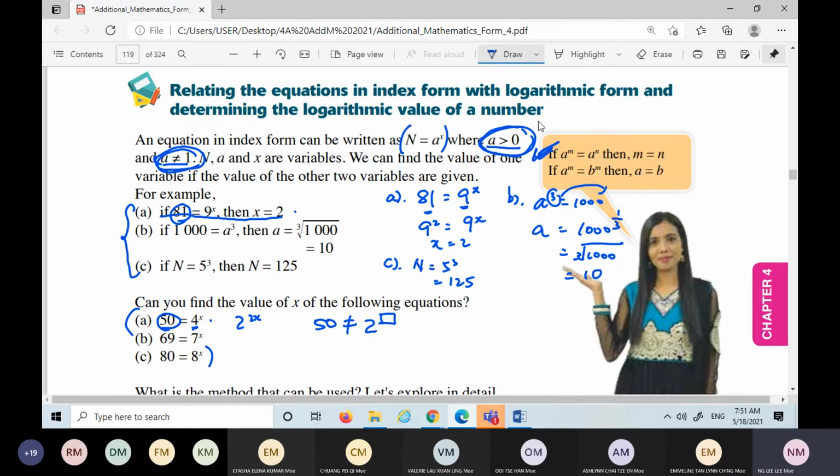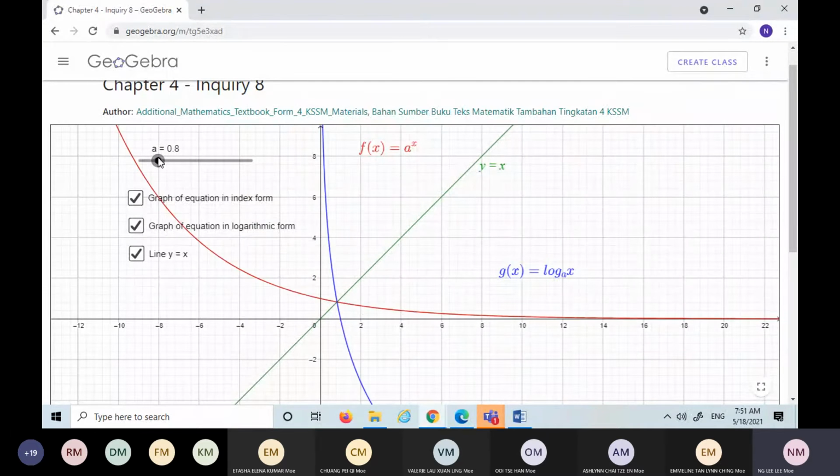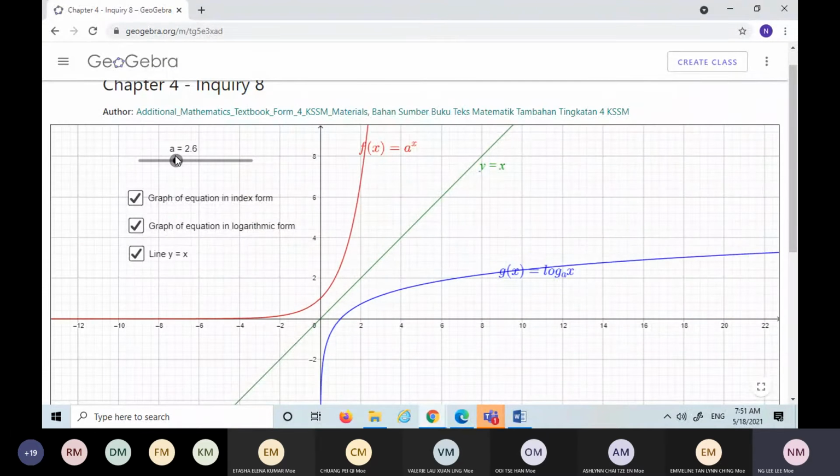Next, we want to see whether logarithms exist for negative numbers and 0, whether you have a logarithm for a negative number and 0 or not. We come back to the graph. We take the original one, this one. You look at the y value.